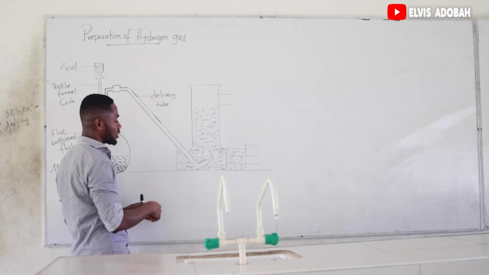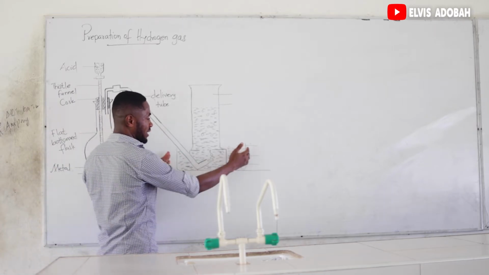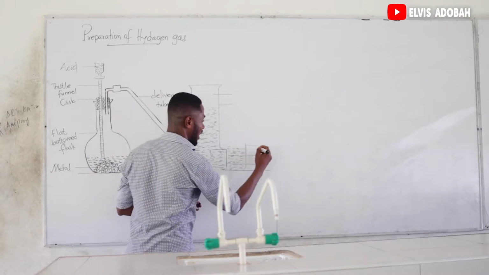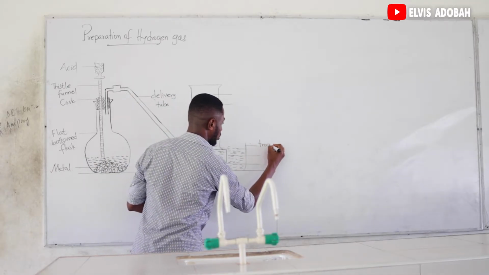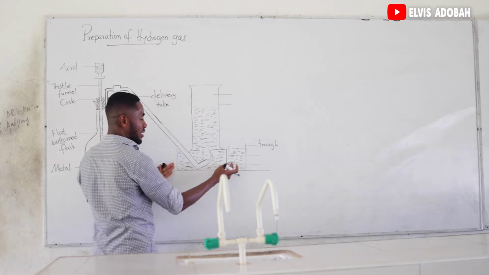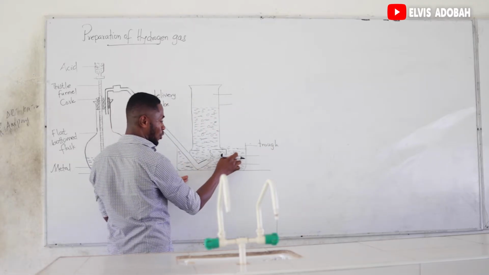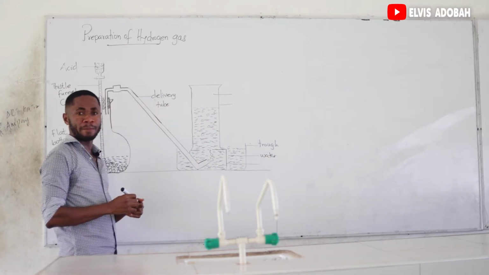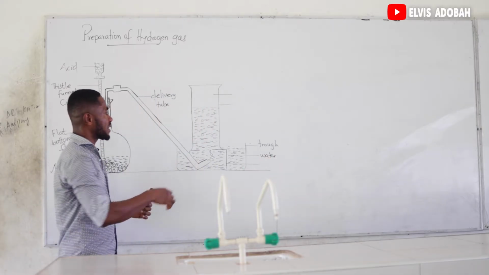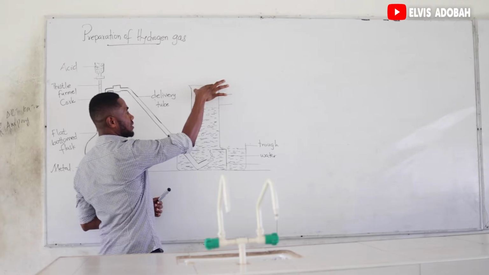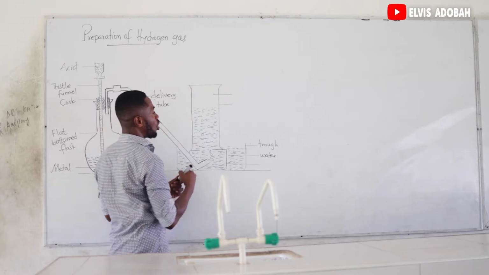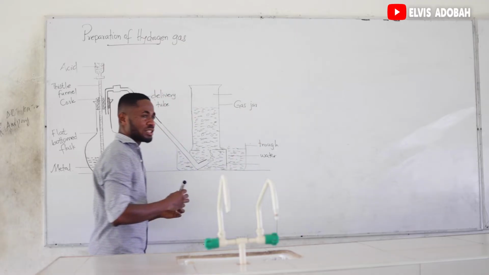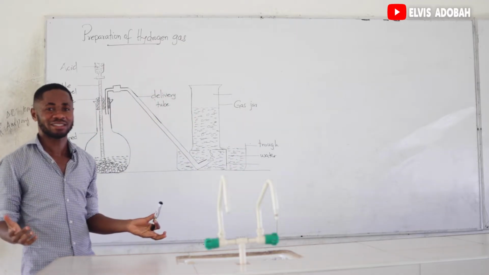Hydrogen gas is collected over water. This is a trough, a big container called a trough. Then there's a liquid in the trough. That liquid is water. This jar we have here is called the gas jar because it is used to collect gases.